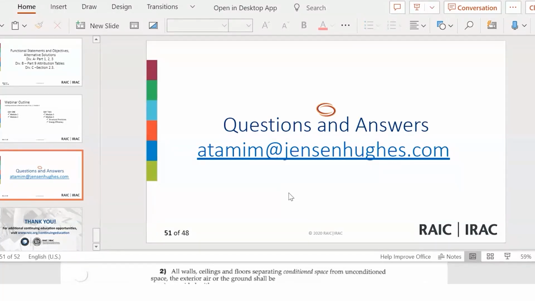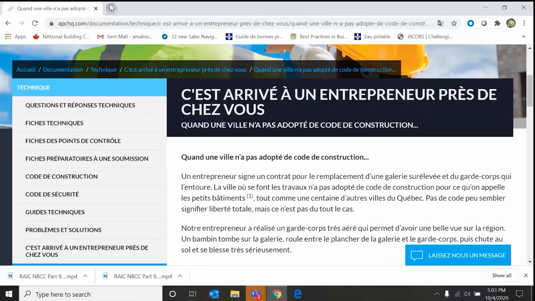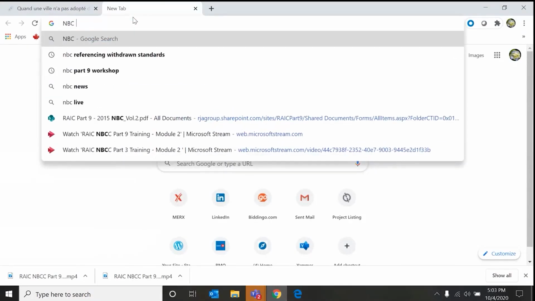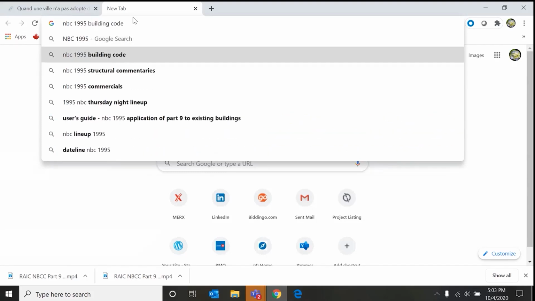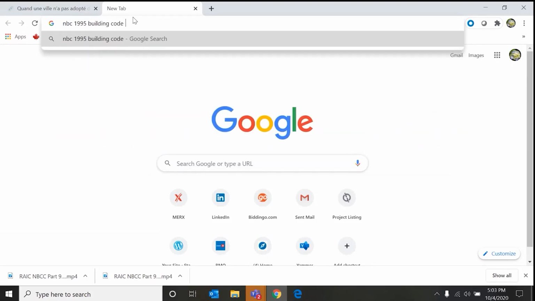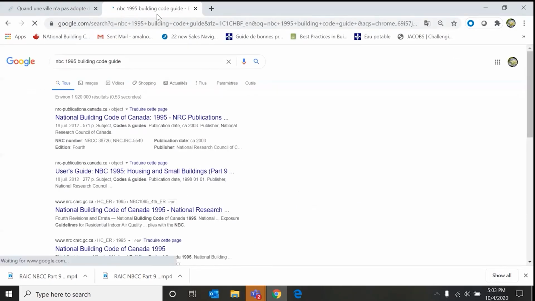I also have a question. Go ahead. I missed part 3 as well, but I think I'm going to order that one. But I was just wondering, I can't find that illustrated guide online anywhere for part 3. I found part 9 on the website that you gave us. Oh, the 1995. They have the guides. Let me show you where you're looking for part 3, 1995. NBC 1995 guide. This is the National Building Code.